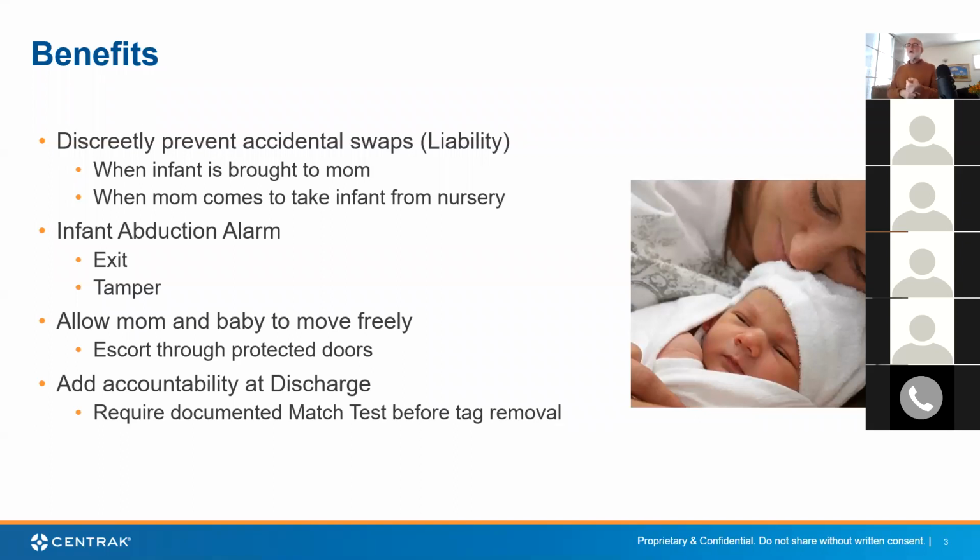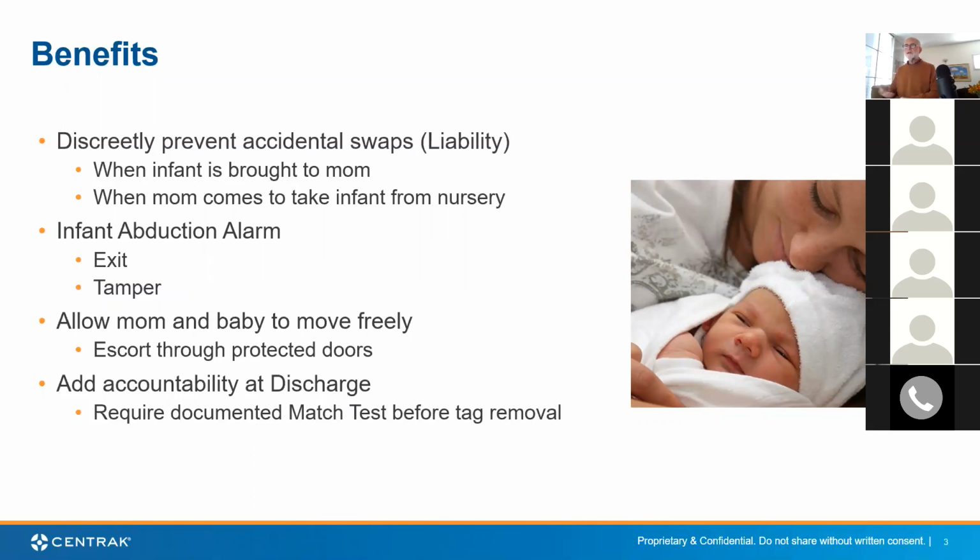As she walks down the corridor, each room will show whether the mom of that baby is in that room. Or when mom comes to take the baby from the nursery, if she's just looking at the card on the bassinet and starts rolling the baby out of the nursery, she should get an alert at the door of the nursery, before she has a chance to bring it back to her room, that I have a mismatch here. So all those things require mother-infant matching.